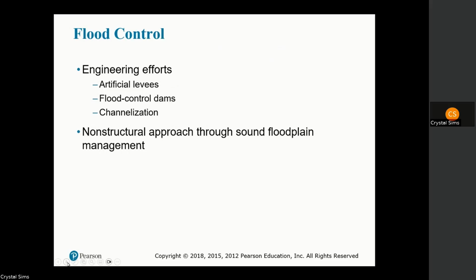These are distinguished from natural levees because of the steepness. We build dams to control floodwater, and then we allow so much to be released. So in times of drought, we can lessen the amount that flows through the dam. When we have a lot of rainfall, we can open the dam and try to let more water out.